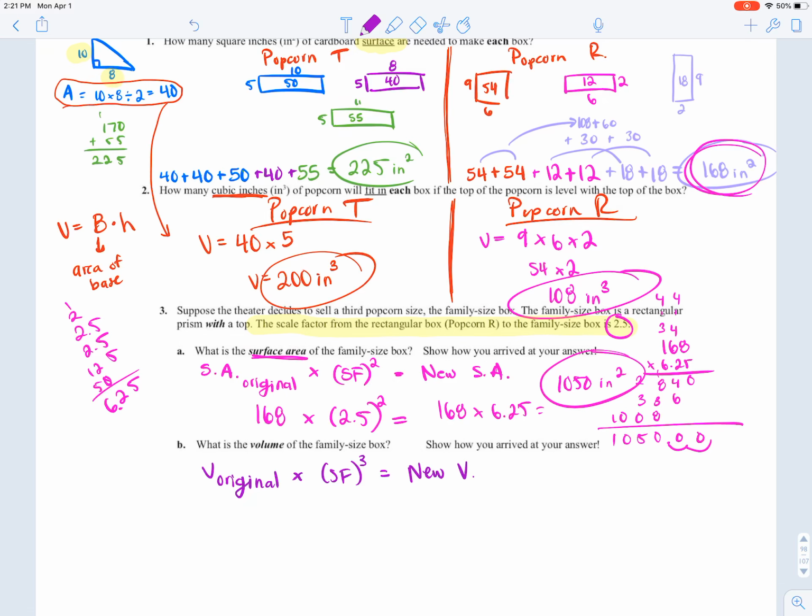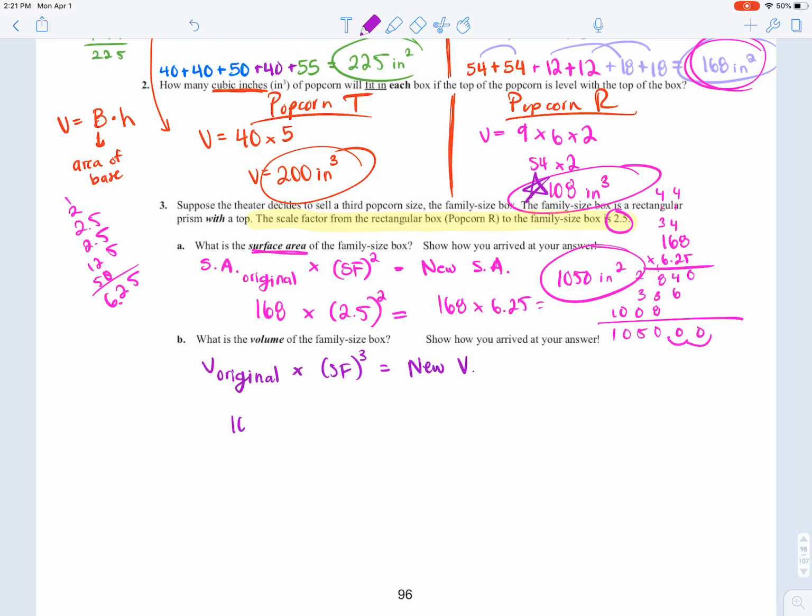Okay, so we're going to take our volume here from popcorn R. We're going to take that 108 times 2.5 to the 3rd power. Okay, and this one I might need a calculator for. Okay, so 2.5 times, oops, that's a timer. 2.5 times 2.5 times 2.5.